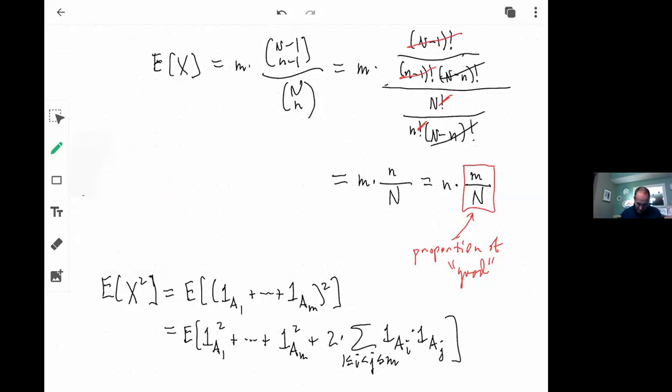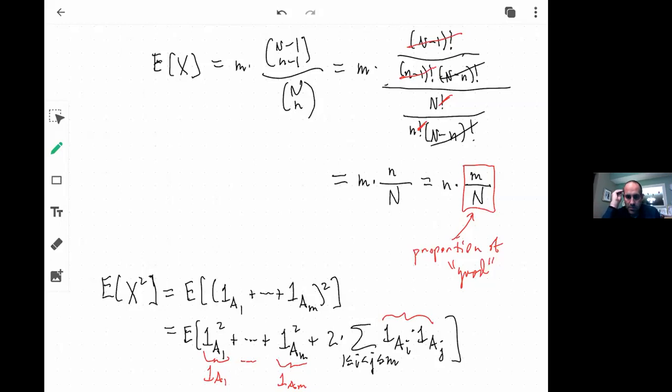Now let me ask you a question. What is the indicator of A1 squared? Well, for crying out loud, that's going to be equal to 1 precisely when A1 occurs. So that's just the same as the indicator of A1, okay? And this right here is just the same as the indicator of AM. And what about these products right here? What is the product of the indicator of AI and the indicator of AJ?